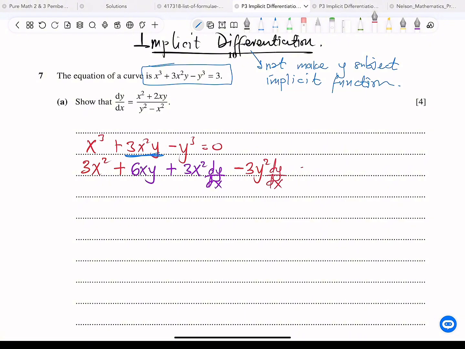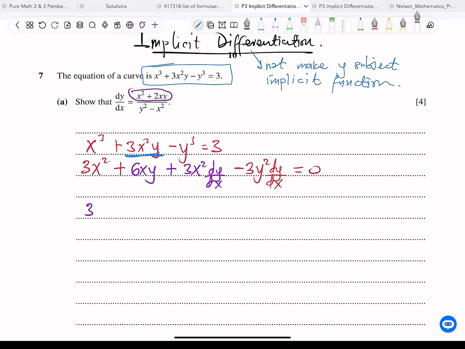Like I said, anytime, okay, this right-hand side is equal to 3, and the differential of 3 is 0. Anytime you differentiate y, you have to end with dy dx, okay? Anytime. So now we just group like terms. So I'm going to factor dy dx out. Per how they want us to prove this, if you check the numerator, it's all positive.